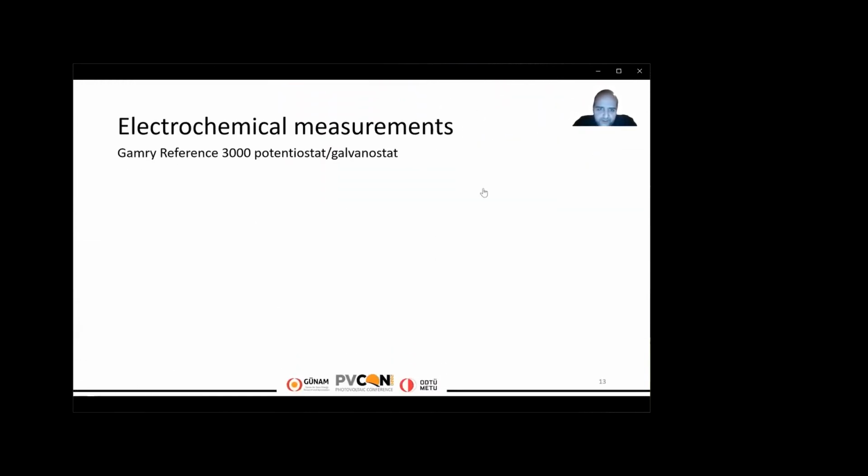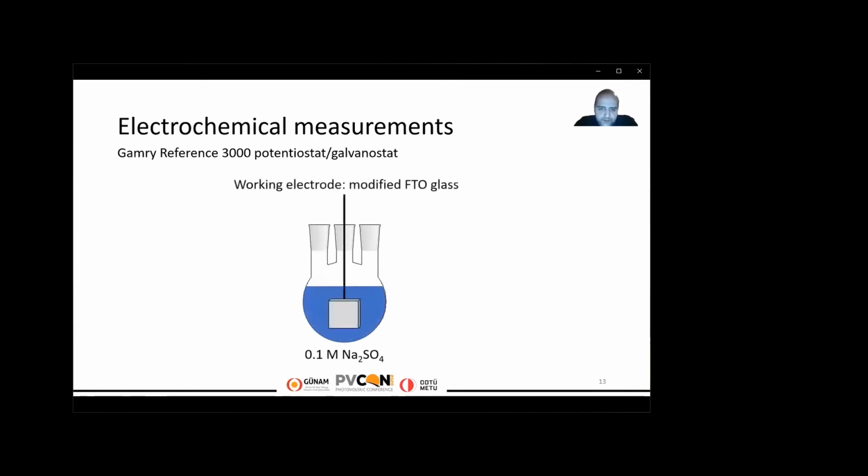Electrochemical measurements were performed by a Gamry Reference 3000 potentiostat galvanostat. We used 0.1 molar sodium sulfate as an electrolyte. The working electrode was a photocatalyst modified FTO glass. As a reference electrode, we used silver chloride and platinum as a counter electrode.